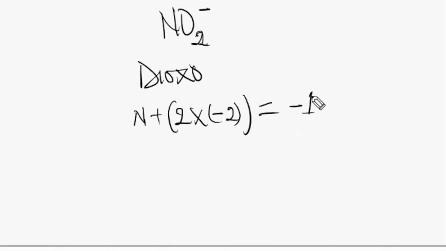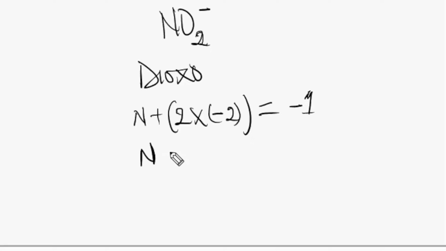So if we do this, guys, we are equating to -1 because of this negative value here. So guys, if there was no charge, everything would have been equated to 0. The next thing we're going to do is to collect the like terms. But then we're going to multiply out this.